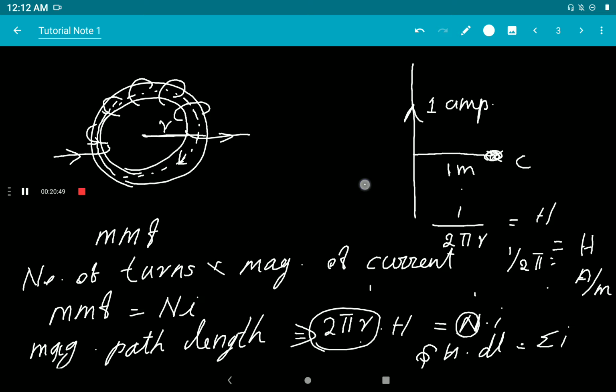So next, one conductor C is placed at 1 meter, which is carrying 1 ampere current. We are considering a conductor carrying 1 ampere current, and a point C at 1 meter distance from here.